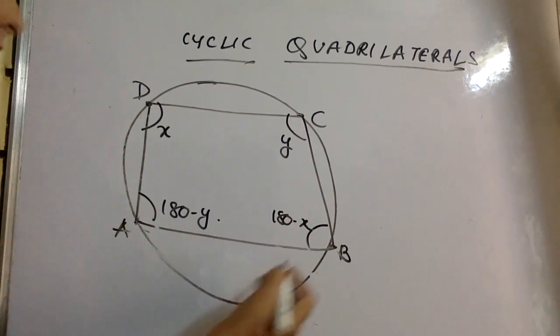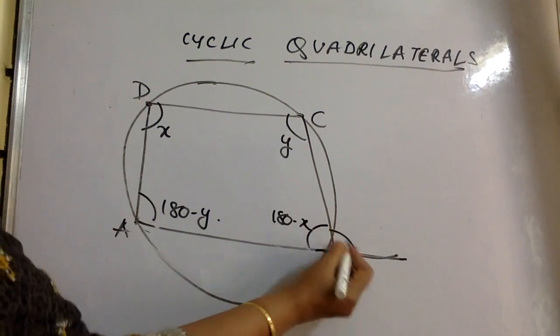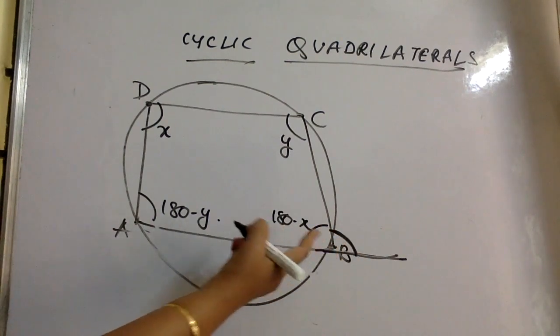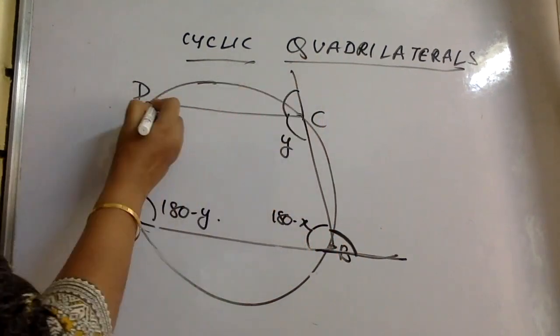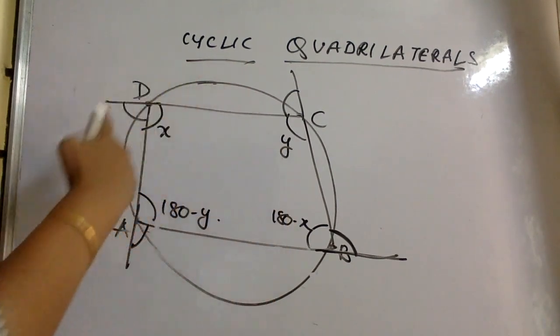The second property of a cyclic quadrilateral is very simple. This angle is called the exterior angle. I can make it here also, and here, and here. This forms one set of exterior angles.